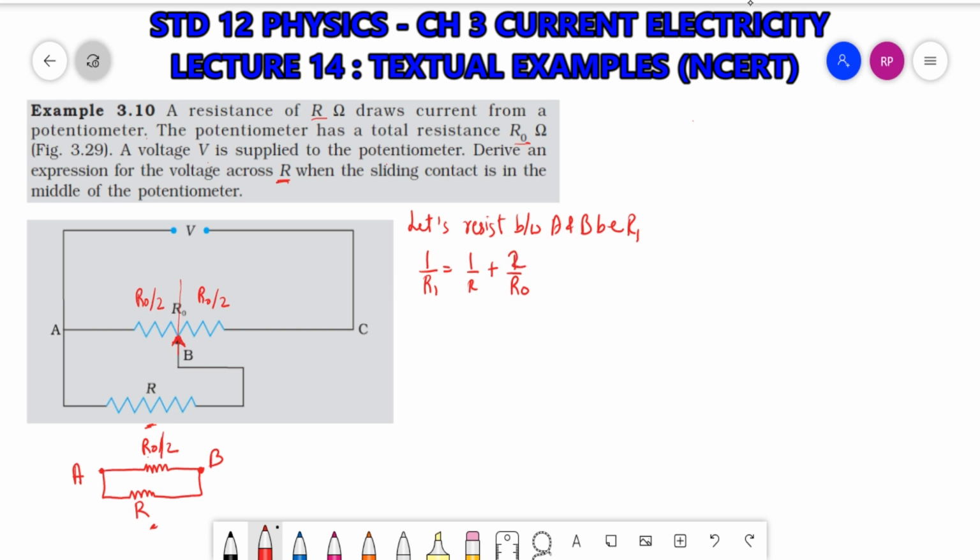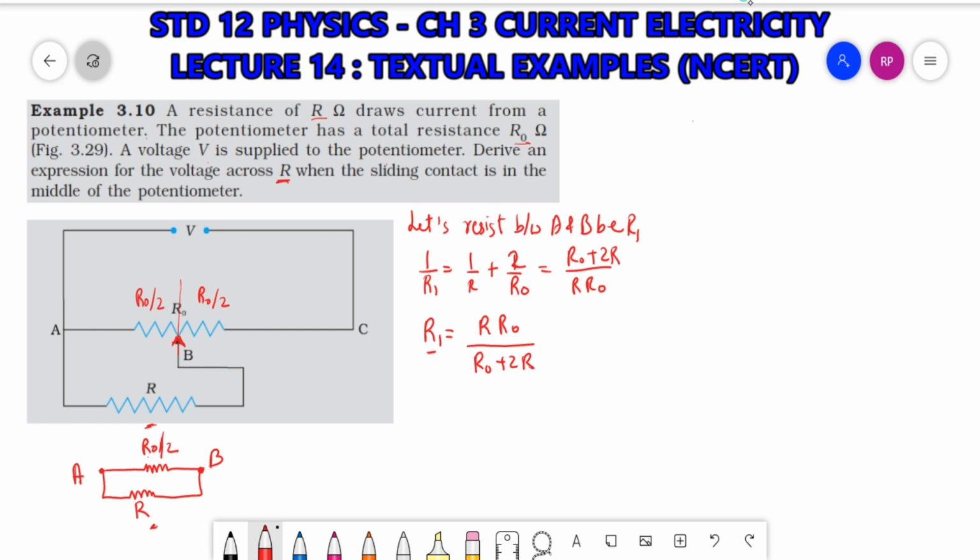You can see this is a parallel connection. So this will be equal to R0 plus 2R upon R into R0. So the value of R1 will be equal to R into R0 upon R0 plus 2R. This is the resistance between A and B.